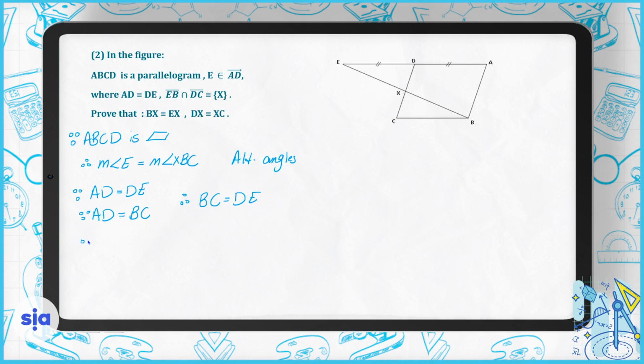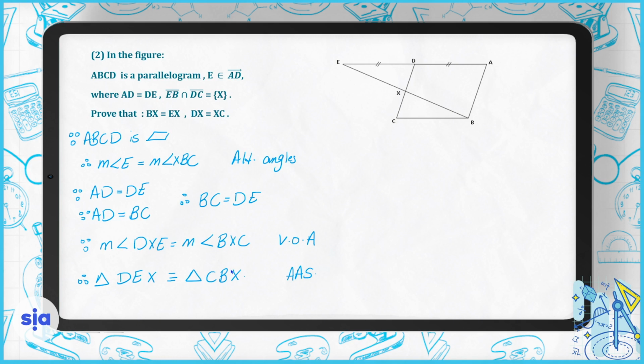And also since the measure of angle DXE is equal to the measure of angle BXC as vertically opposite angles, we can now say that triangle DEX is congruent to triangle CBX, as we have two angles and one side.